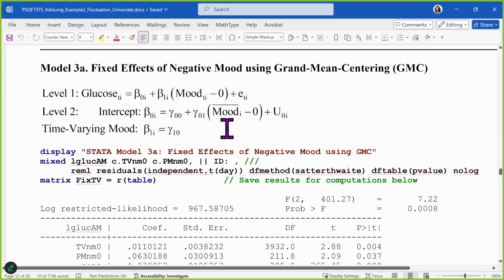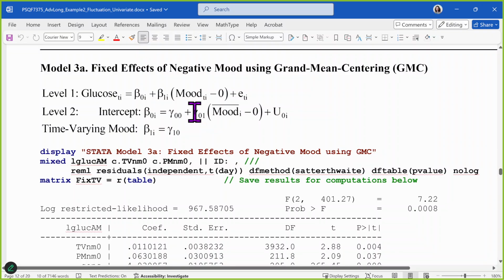So I am fixing the smushing problem, not by carving up the variables into their level-specific parts, but by letting the math do it for me through unique effects. So I'm leaving in mood centered at 0 at level 1. It still has level 1 and level 2 information in it. I'm now adding in the corresponding level 2 variable.